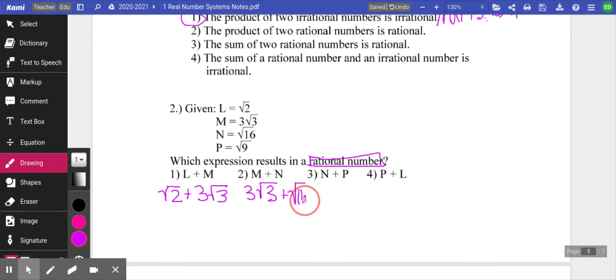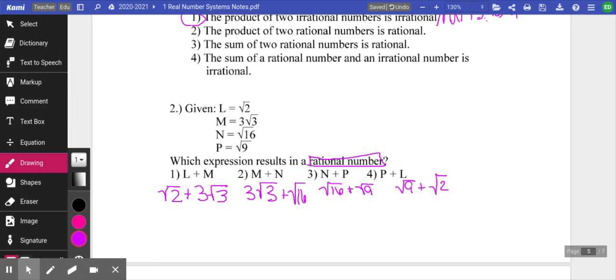Again, put it in your calculator. What kind of number do you get? The next one, N plus P. N, we just did, is the square root of 16, plus P, which is the square root of 9. And the last one, the square root of 9, which is P, plus L, which is the square root of 2.